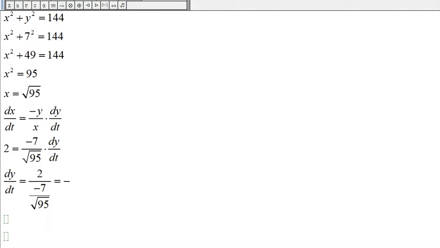And this comes out to be about negative 2.7848 feet per second. And so at that instant, the height, or the y distance, is decreasing at a rate of 2.7848 feet per second.